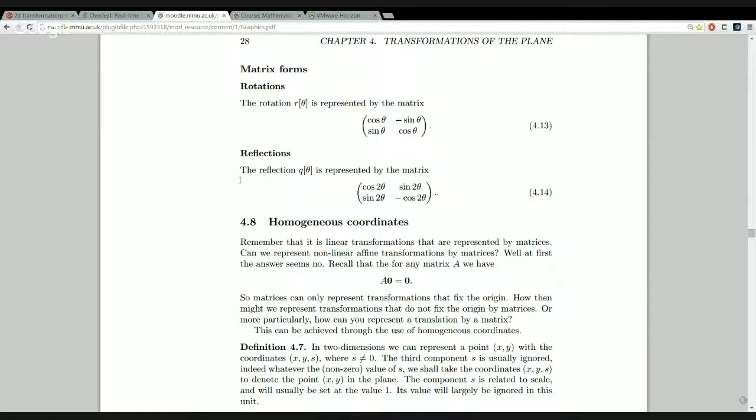So note that the line L is fixed by T10 after Q pi over 2. So that means the composition of these two must be reflection in the line.